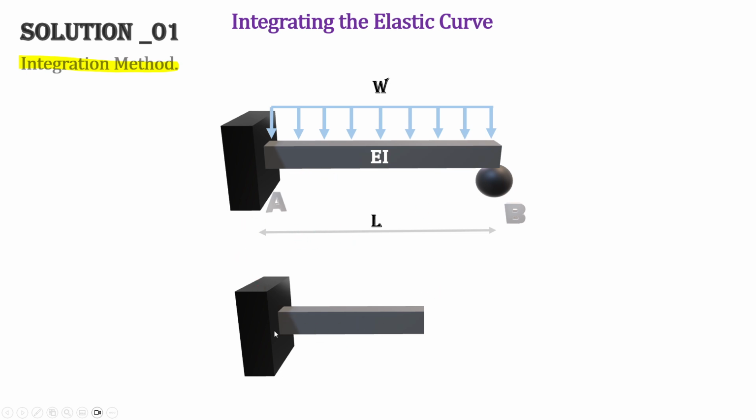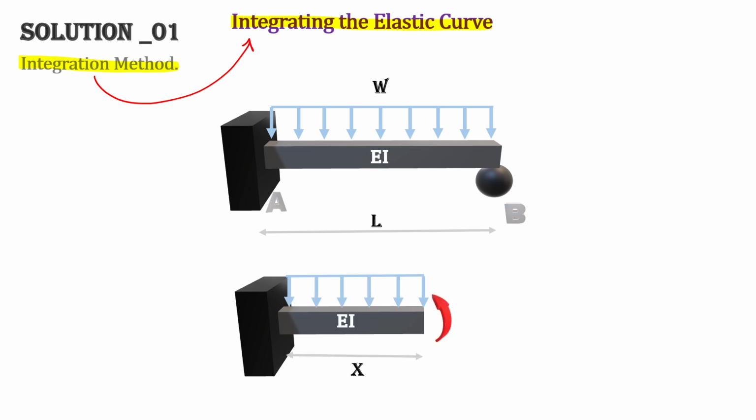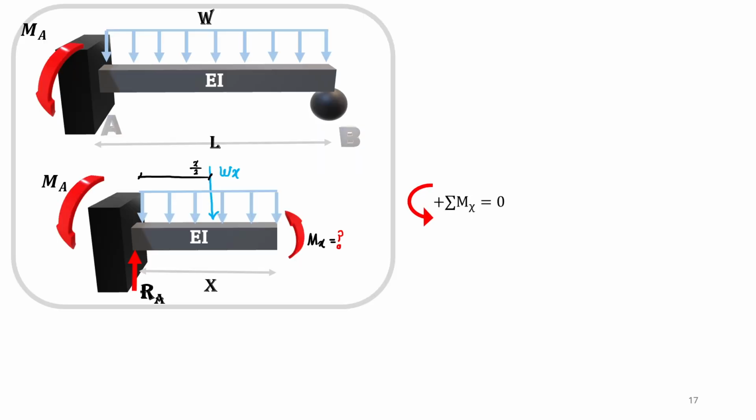If we cut our beam at a length of x and develop the moment equation at that length, in our case this is the entire beam. If we cut it at a length of x from the fixed support, a moment is created, which we call M sub x.